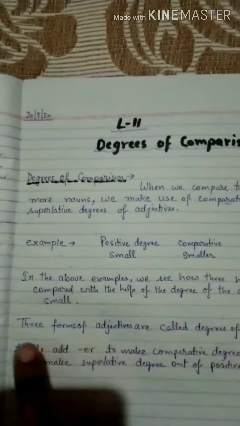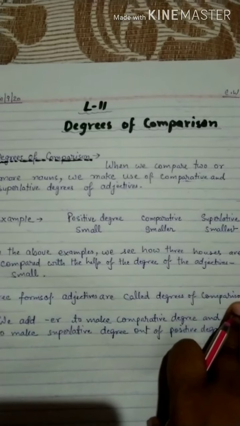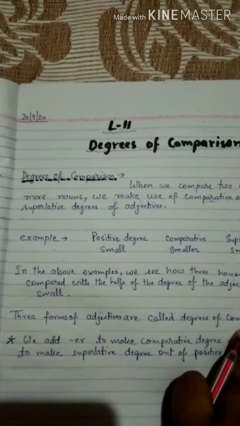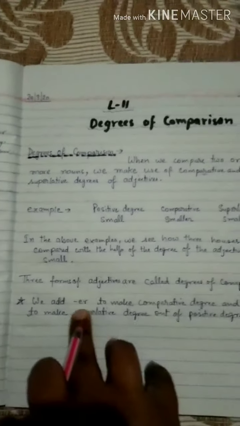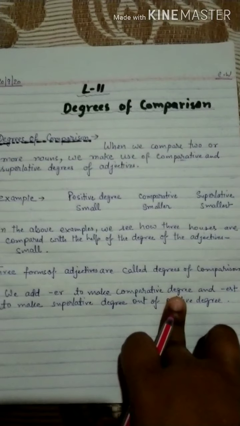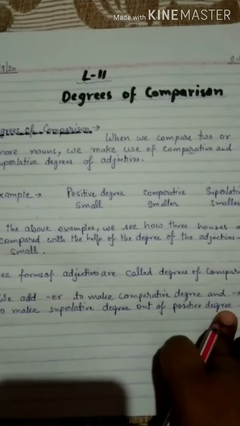These three forms of adjectives are called degrees of comparison. You can write it in the fair copy like this. And at the last, the main point is we add ER to make the comparative degree and EST to make the superlative degree out of the positive degree.